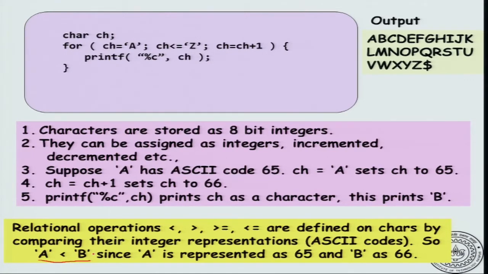Now, to realize that A less than B is correct, we don't need to know that A is 65 and B is 66. All we know is that, abstractly in the ASCII table, the character code for A is less than the character code for B, because B occurs after A. So if it is 65 and 66, or it is 0 and 1, the answer is still the same.